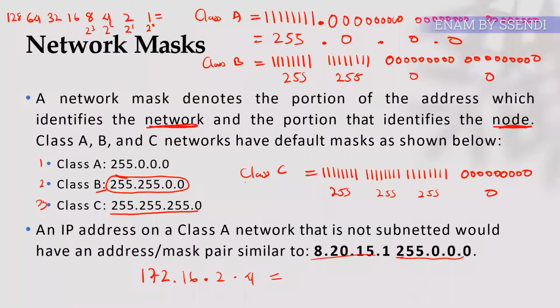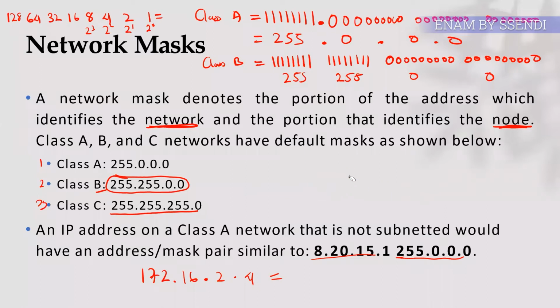If we had an IP address, all right, let me rub off this. If we had an IP address that runs from, let's say, 10.0.1.2, what would be our default subnet mask? 255.0.0.0.